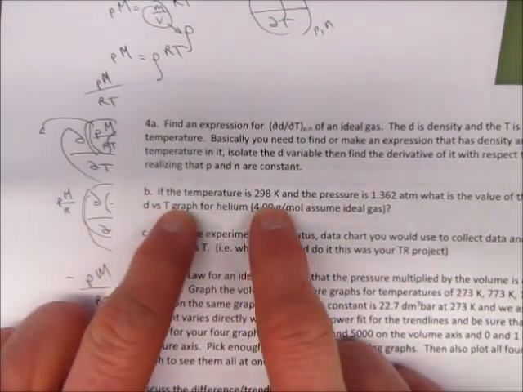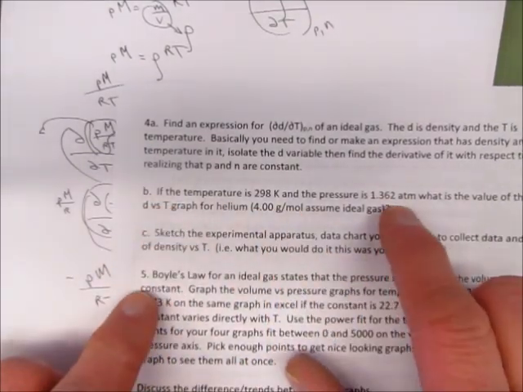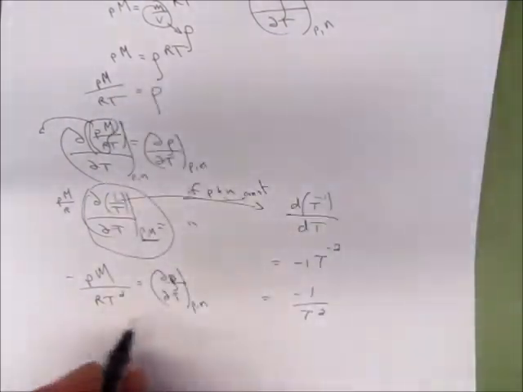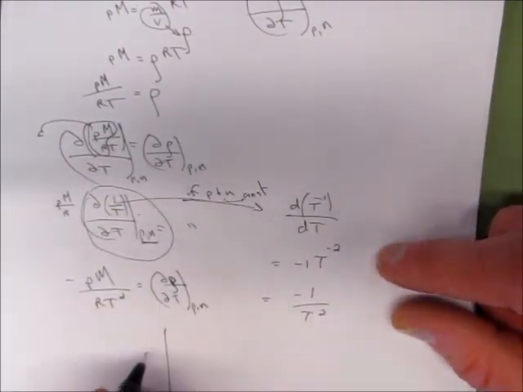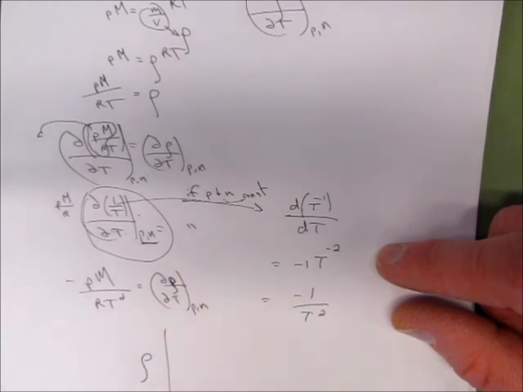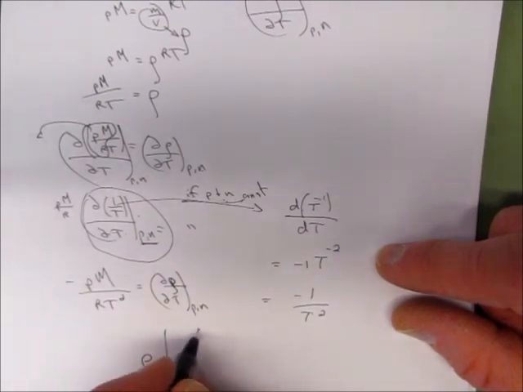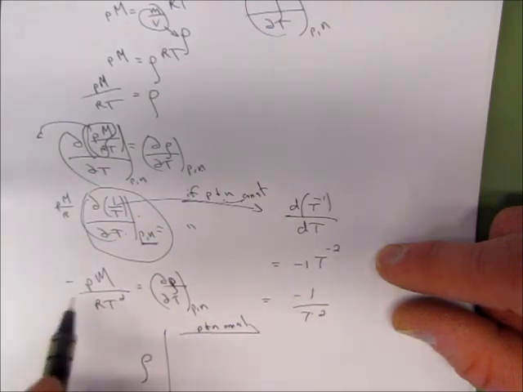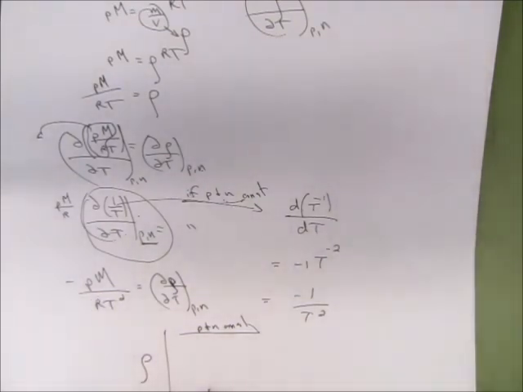Part B is saying, given the temperature and pressure, what is the value of the slope? And that's the other thing too. What this means is, if you graphed the density versus temperature while P and N were constant, this is what the slope of this graph is doing.